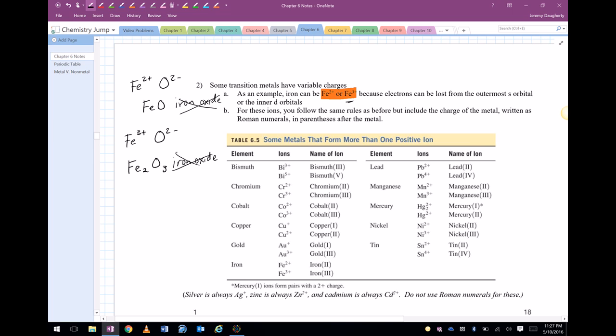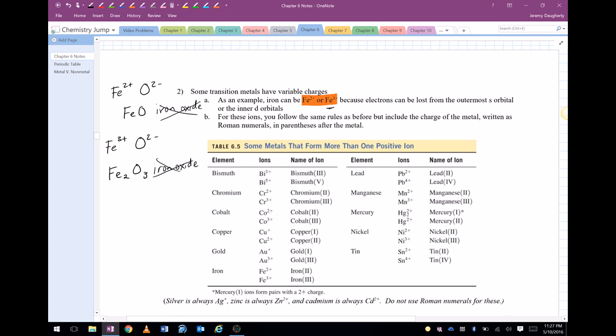Well, what we do is we say the number of the cation. So here, take a look at this one. What's the cation? It's 2. So that one is called iron 2 oxide. Right? So what's this one? Well, this one is iron 3 oxide.